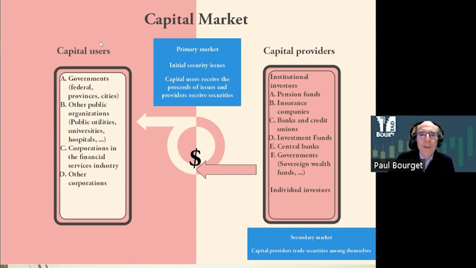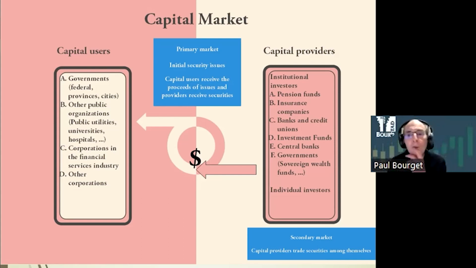So let's first look at how capital markets work. On one side, you have the capital users, all these organizations and institutions that will need capital to perform some type of investment. And on the other side, we find capital providers.